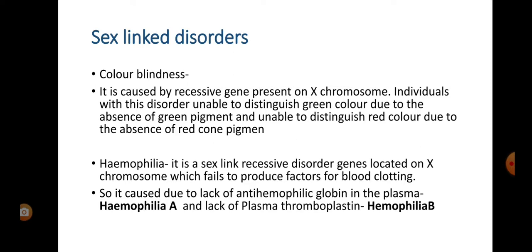There are two types, hemophilia A and hemophilia B. Hemophilia A is caused by the lack of anti-hemophilic globulin protein, and hemophilia B is caused by the lack of plasma thromboplastin. You know thromboplastin is an important protein responsible for blood clotting.